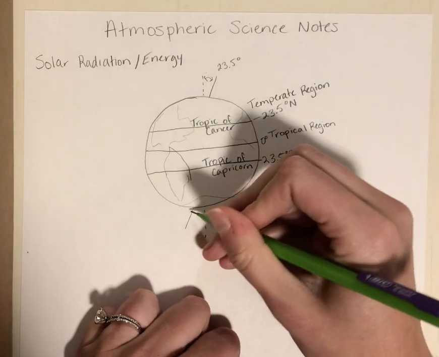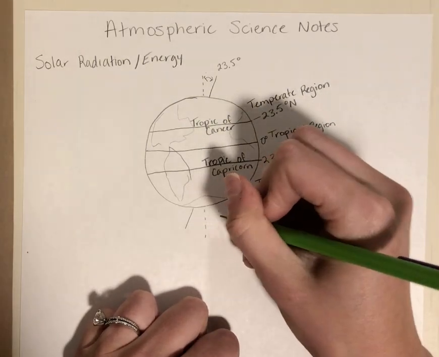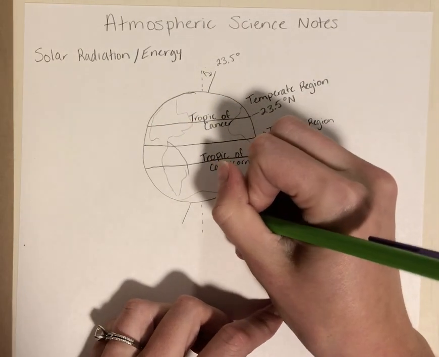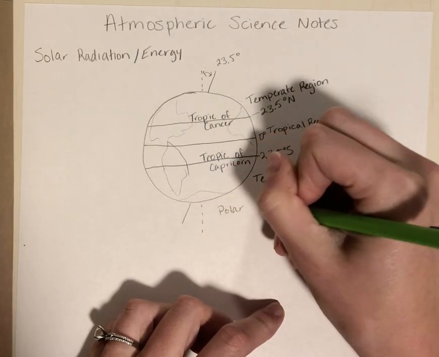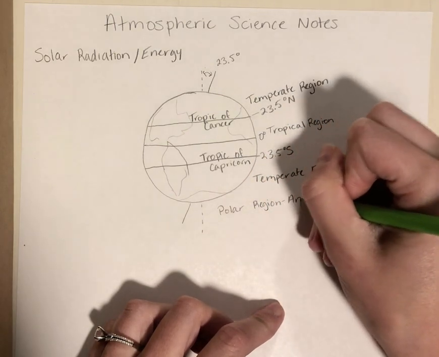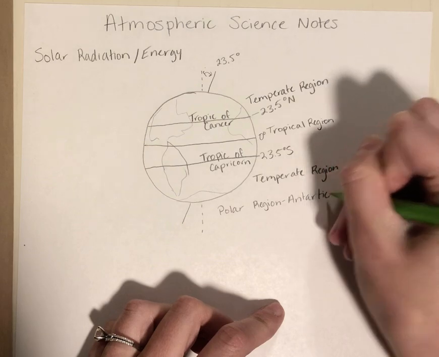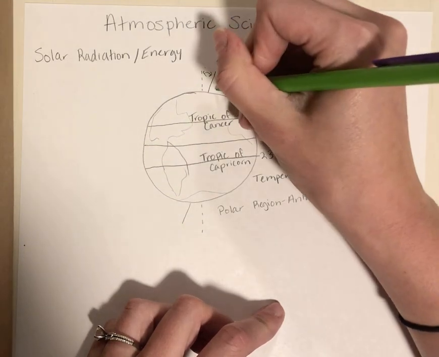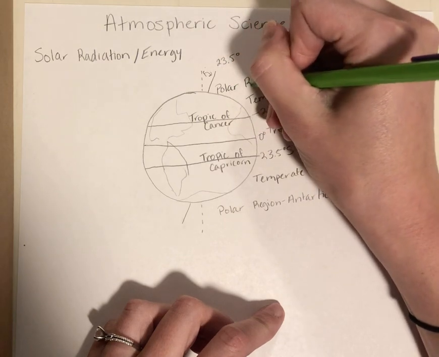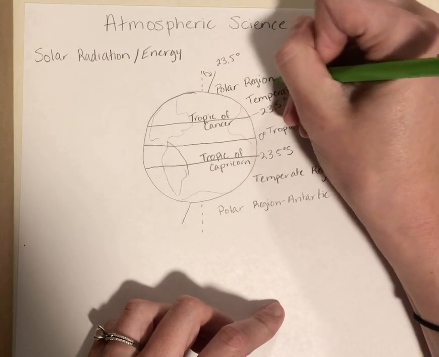And then down here, where it is always cold, it is our polar region, and this is obviously Antarctica. And then up here we also have a polar region, the Arctic.